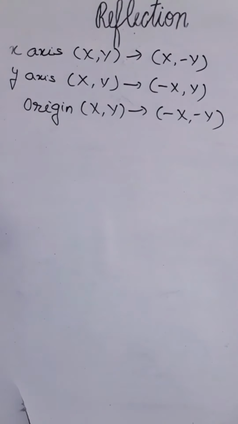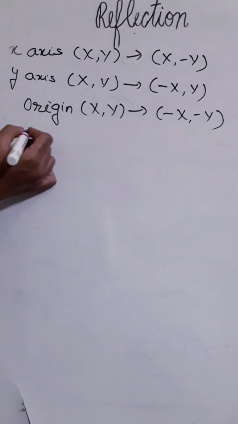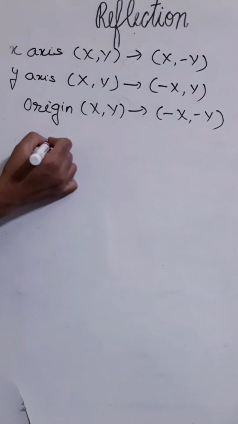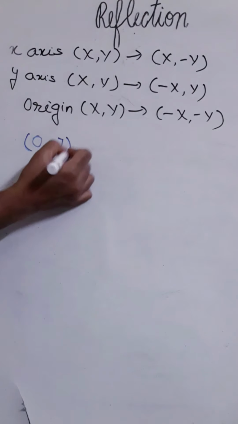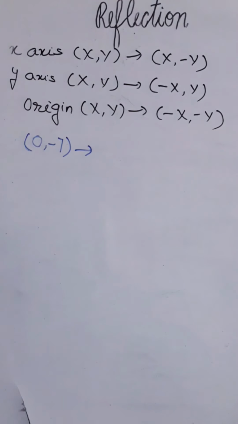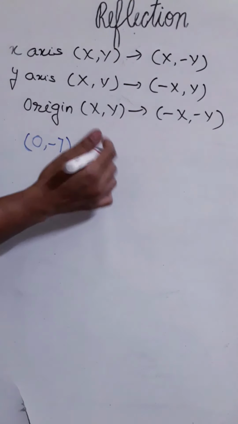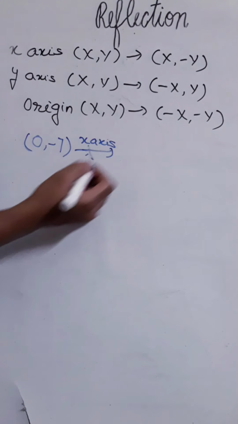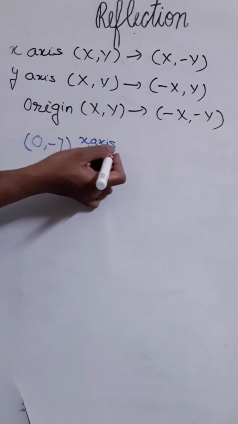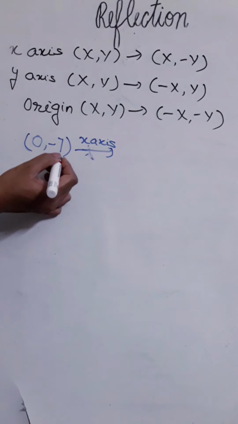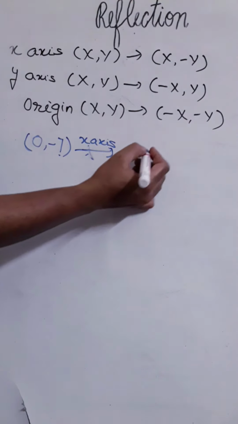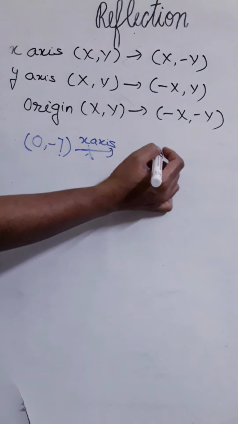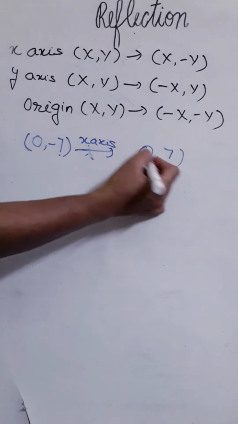Now I am taking an example here. Suppose I have 0 -7, and now this is reflected with respect to x-axis. Now the reflection is with respect to x-axis, so I told you when the reflection is with respect to x-axis, you need to change the sign of y. So here the sign of y will change. You will get 0 7.